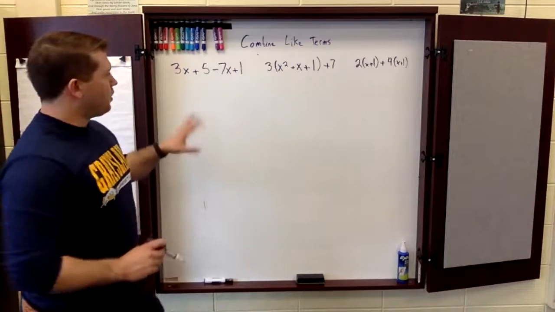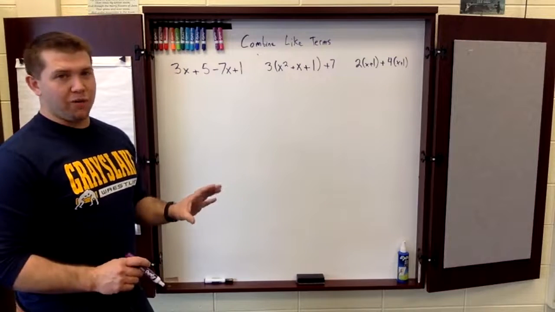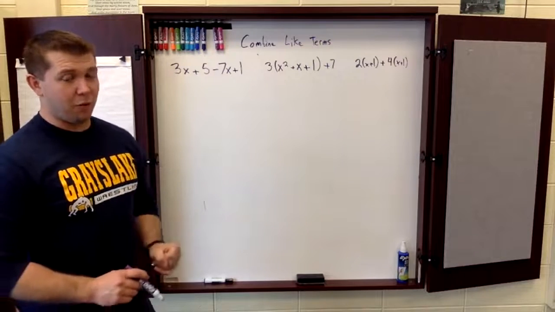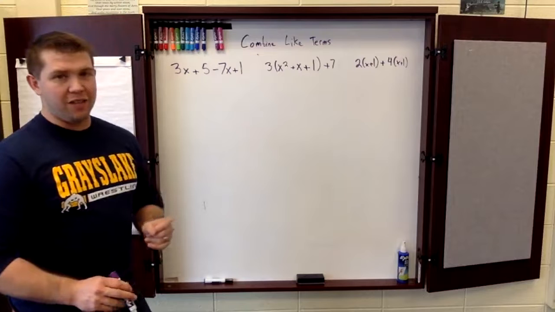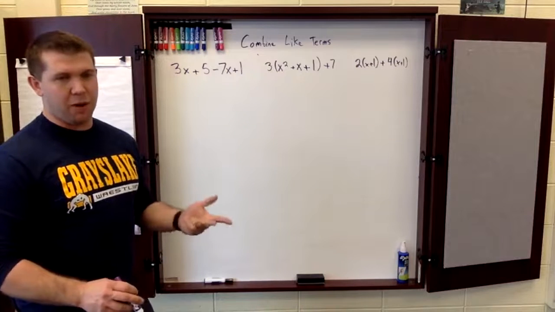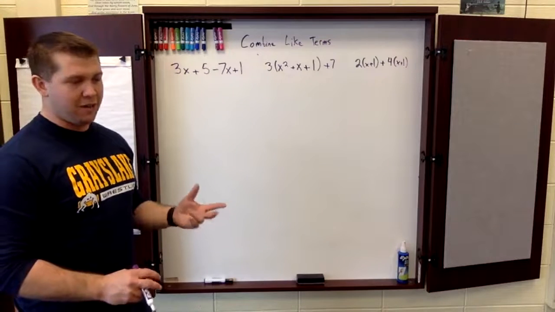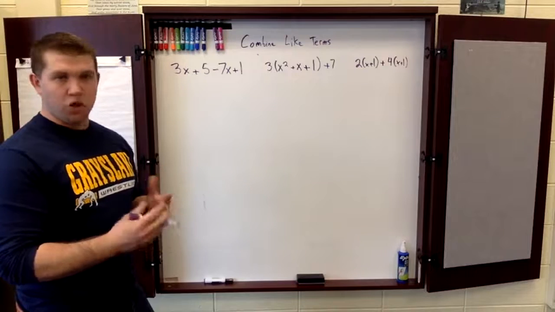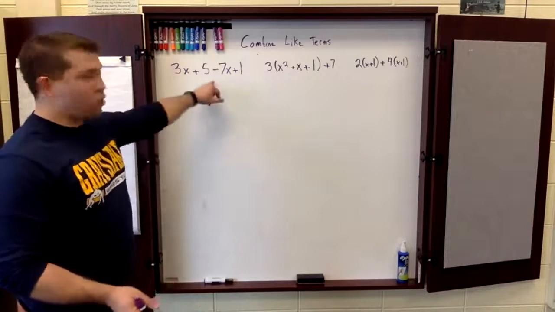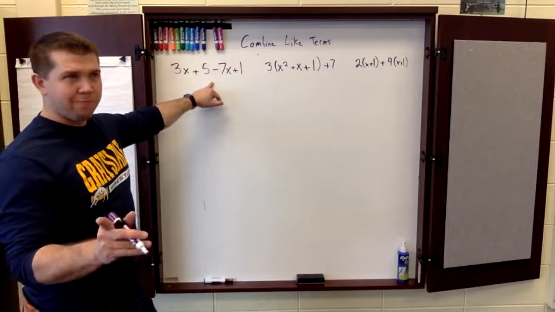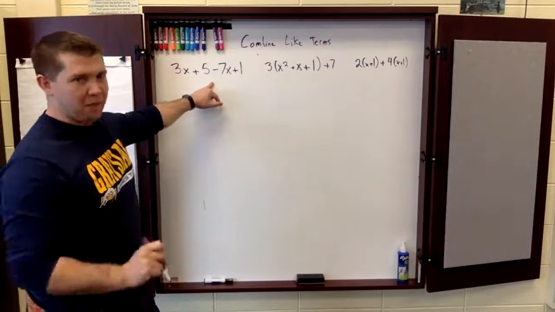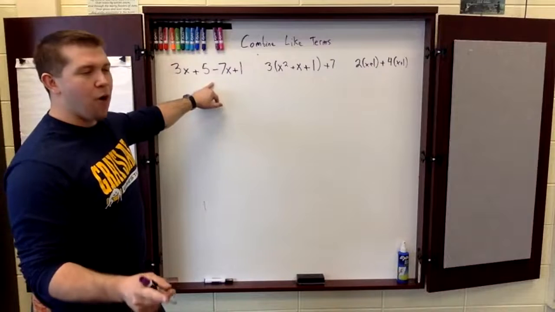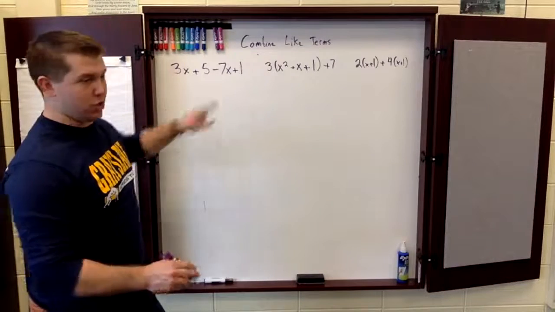You learned back when you were in fourth grade, and I know this because I taught fourth grade, that the commutative property of addition and the associative property of addition tell you that you can add things in any order. You can move them around, and it won't change the value. Subtraction was not true until now, because you now know how you can change subtraction to addition.